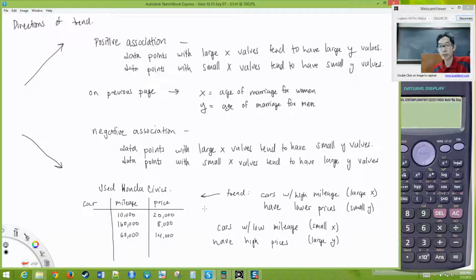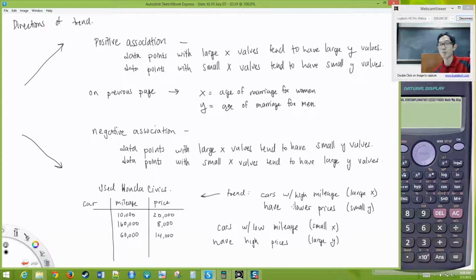And I limited our data to Honda Civics because if we said all vehicles, you'd see a much greater spread in the values for price, since different cars are worth different amounts. You might ask, would you rather have a Honda Civic with 10,000 miles or a Mercedes-Benz with 60,000 miles?